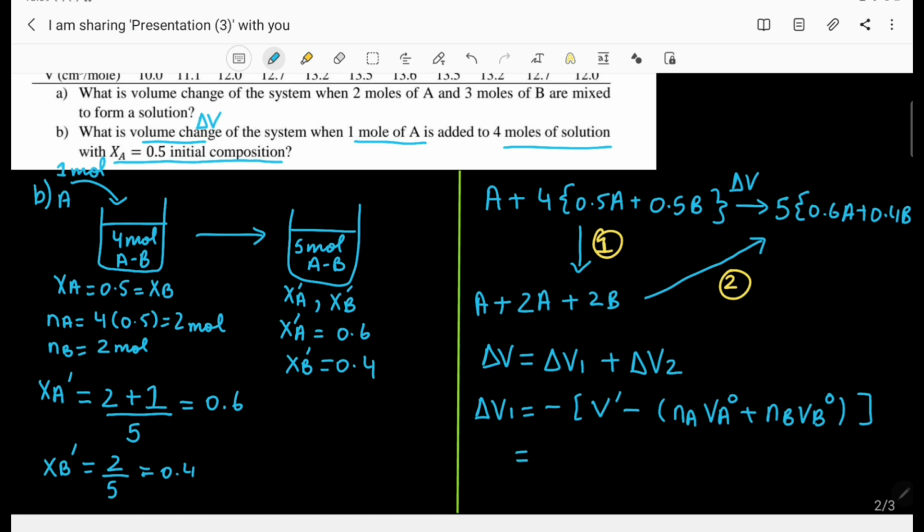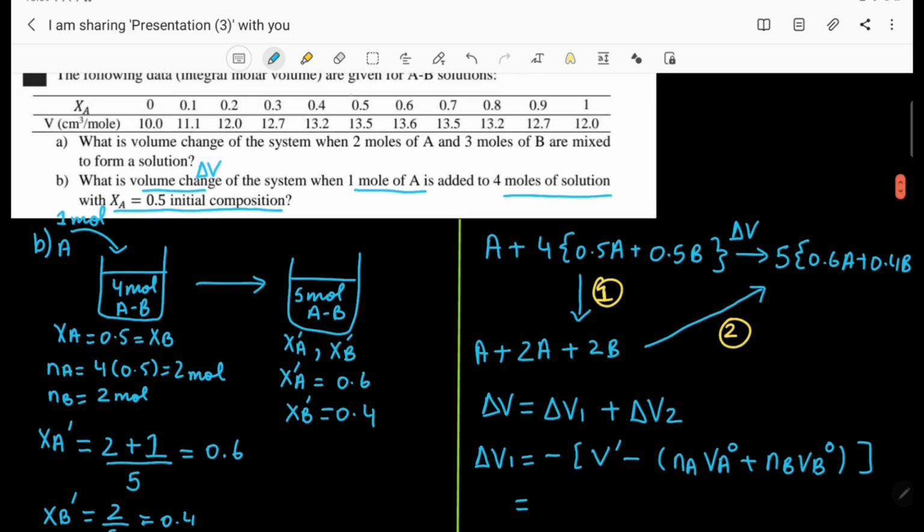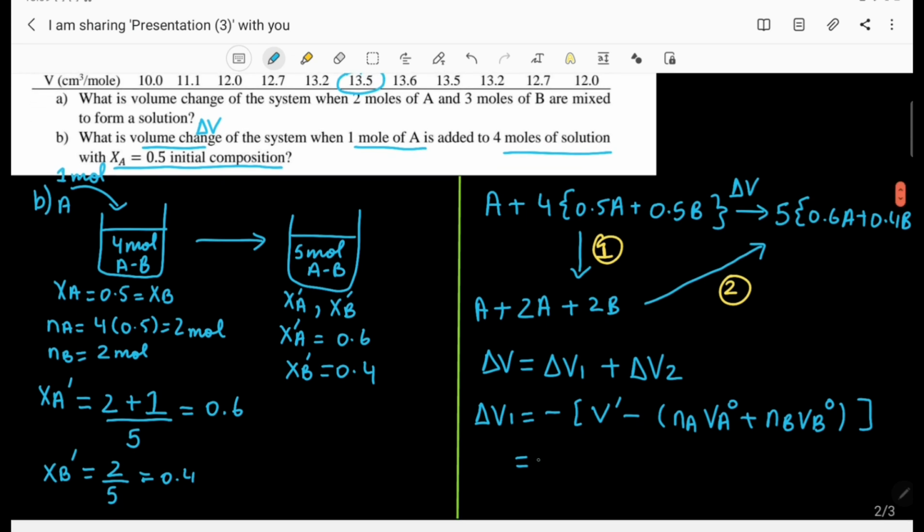So over here we can see that we have 0.5 as the composition of A. So we can see from here that if we go to 0.5, we have 13.5 as the integral molar volume. So we can just simply write it down, 13.5 times, we have 4 as the total number of moles of the solution.